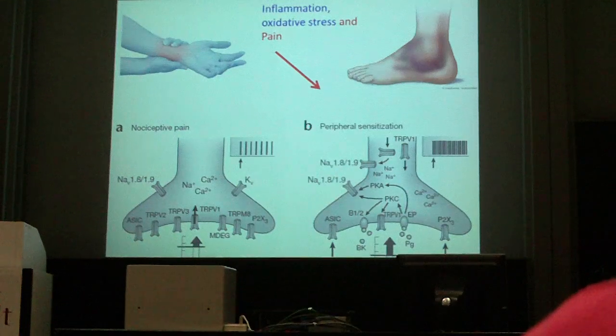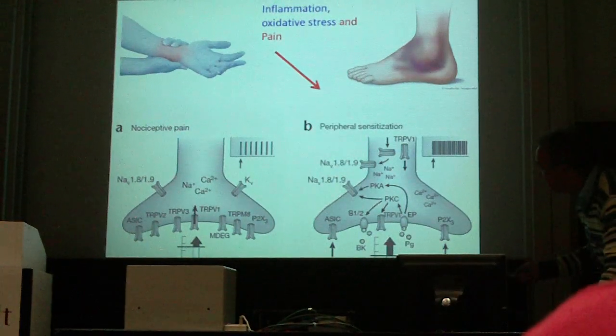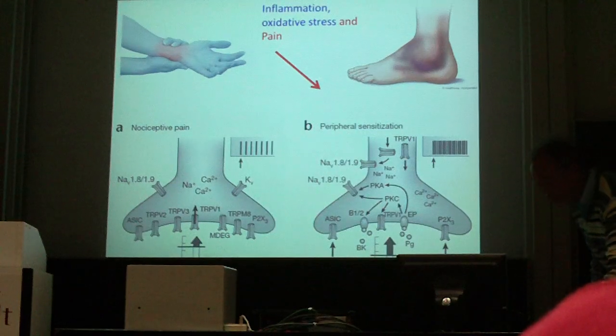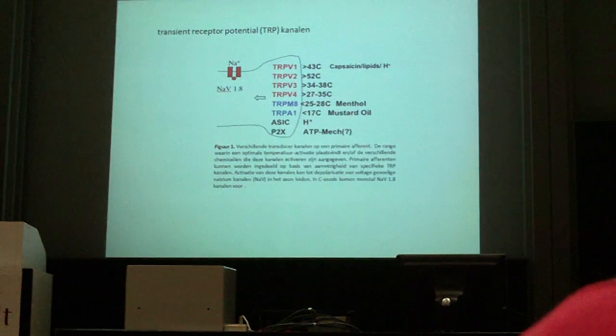Now these endings of these pain fibers are characterized by these cation channels, present here, and you can define them. For instance, you have the endings with a majority of TRPV1 receptors. They are known to respond to hot peppers, capsaicin.